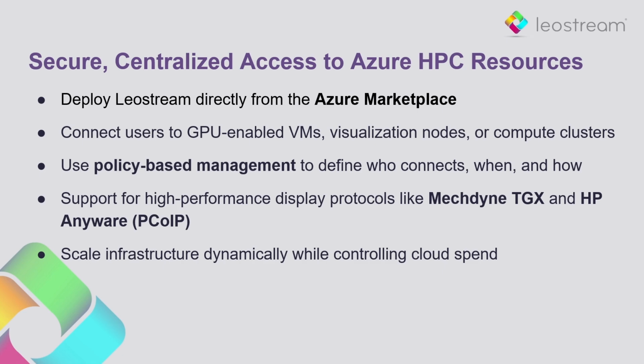Now, obviously, since these are HPC workloads, the way that you connect users to them is important. Well, the great thing about running in Azure is RDP is a very good protocol when you're running an instance in Azure, and that's what my demo will show. But if your users are familiar with other protocols like Mechdyne TGX or HP Anywhere and PC over IP, those are protocols that Leostream can support as well.